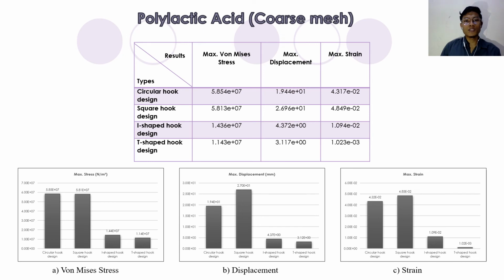The highest displacement is square shape, which is 19.44 mm, while the lowest is 3.117 mm. For the strain, the highest is square shape with 4.849 times 10 to the power of negative 2, while the lowest is T shape with 1.023 times 10 to the power of negative 3.